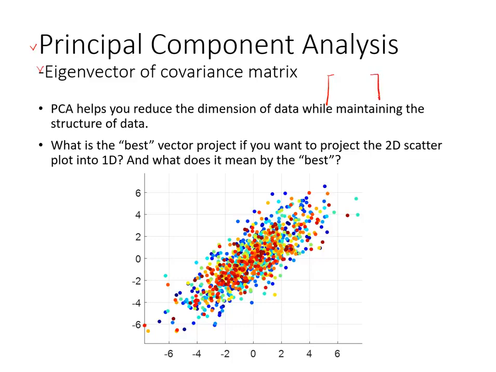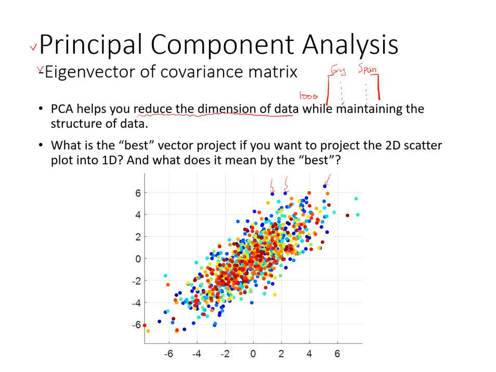Let's say we have collected 1,000 samples. The features are English score and Spanish score. Each sample is represented as a dot on the 2D plane.